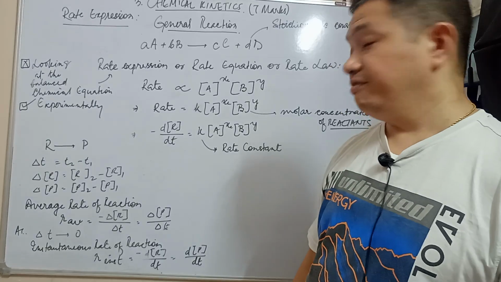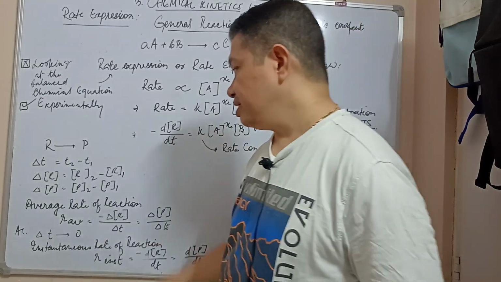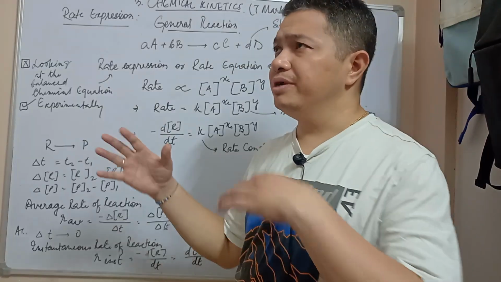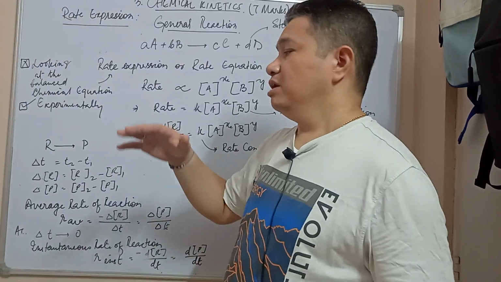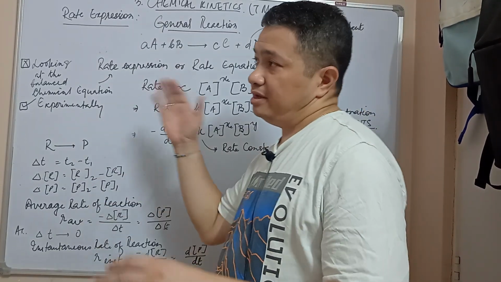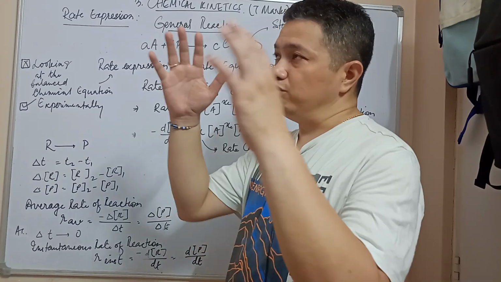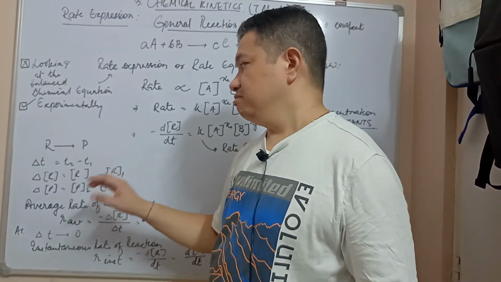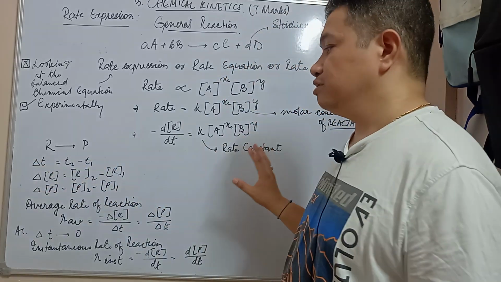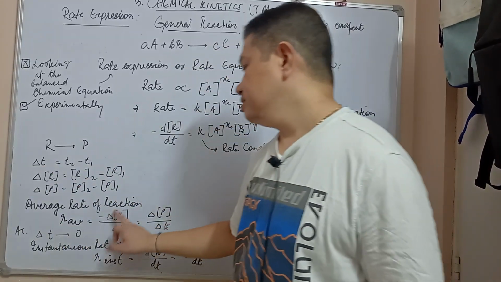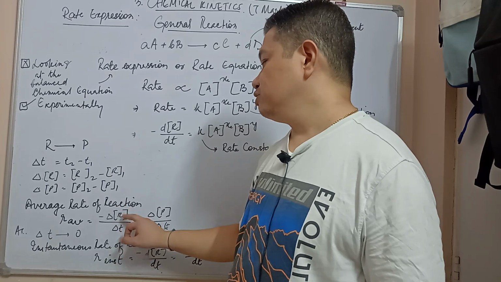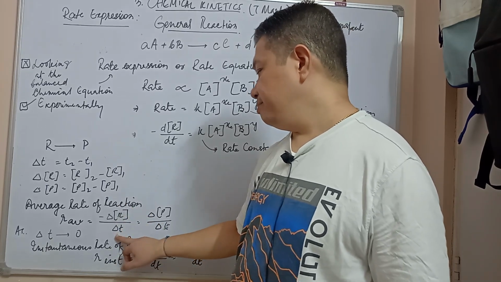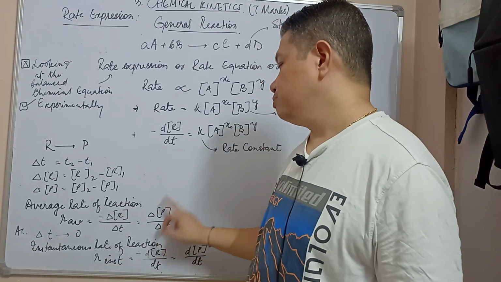Therefore the average rate of reaction is the minus of the change in concentration of the reactant per unit time, or the change in concentration of the product per unit time.